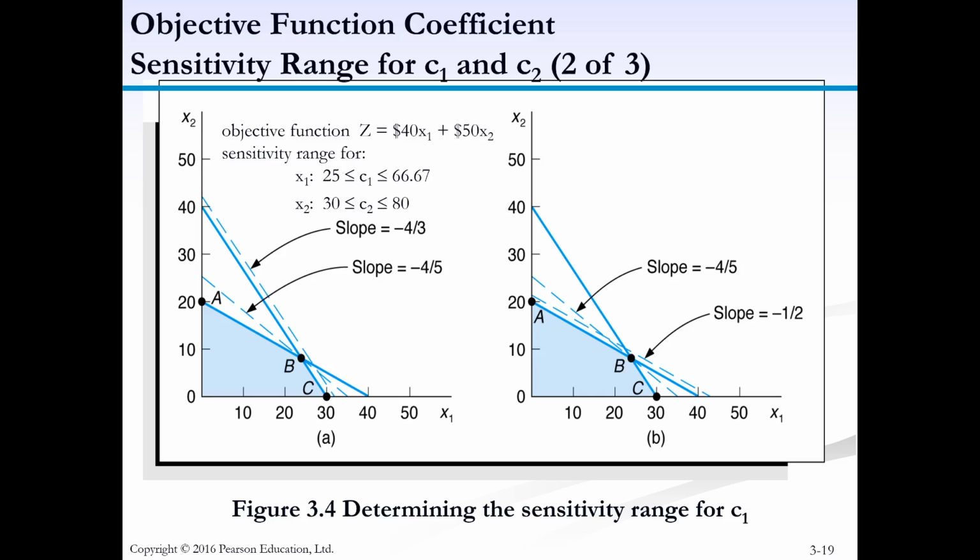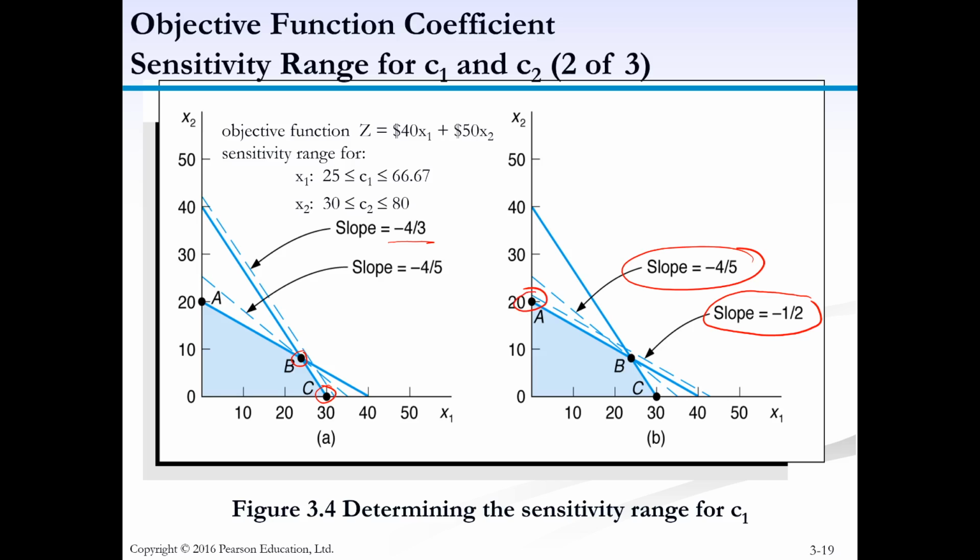If the actual slope minus 4 over 5 is changed to minus 4 by 3, it will be parallel to one of the constraints which has the same slope, and the optimal point shifts from B to point C. Similarly, if the original slope of minus 4 over 5 is changed to minus half, then again the point will shift and the new optimal point will become 0, 20.